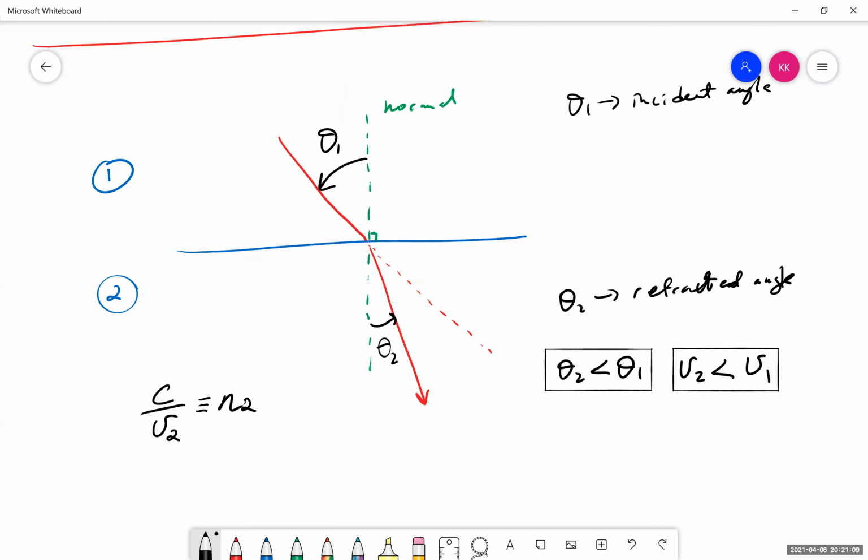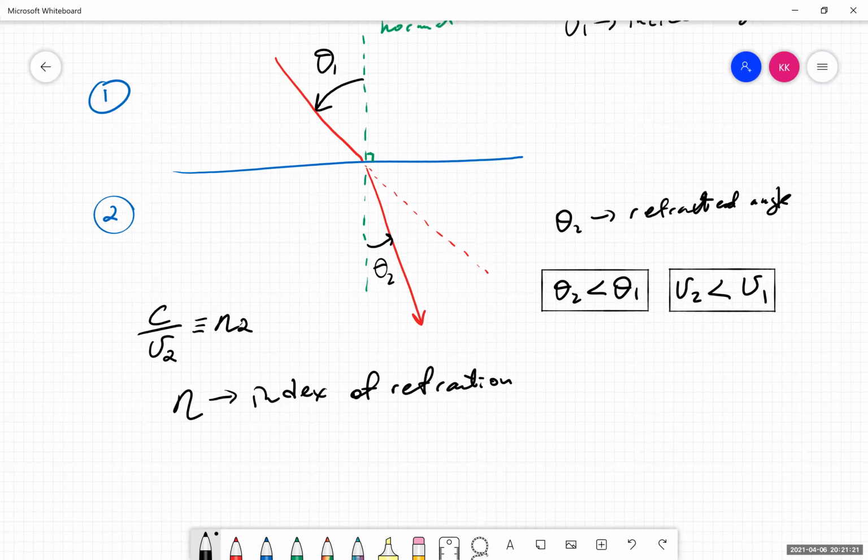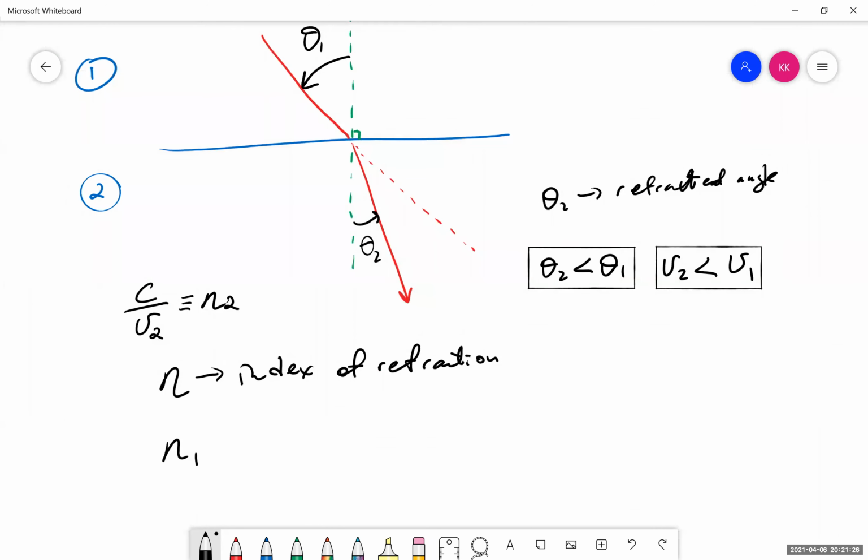Now, this n, again, is the index of refraction, pretty much defined as the ratio of the speed of light to the speed in this particular medium. So if this is, for example, medium 1, then the index of refraction of medium 1 will be the speed of light divided by the speed of light in medium 1.